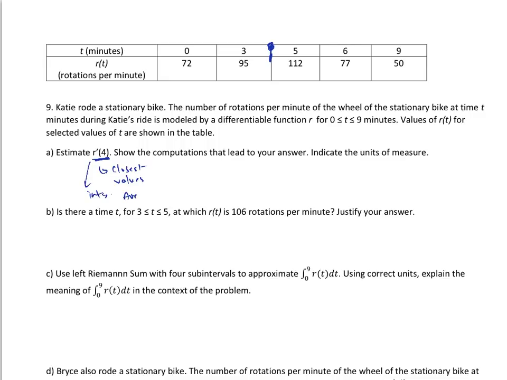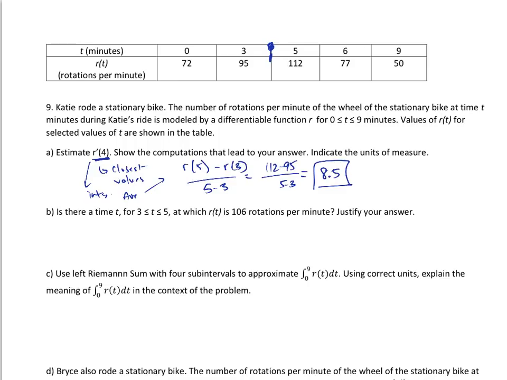We need to average it out. So in this case, we're going to say this is r of 5 minus r of 3 over 5 minus 3. And that yields 112 minus 95 all over 5 minus 3, which is 2. Put this in our calculators, and this is 8.5. Or you can just work it out, because this is still non-calculator here.